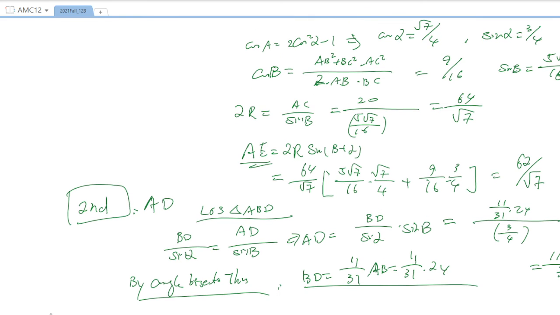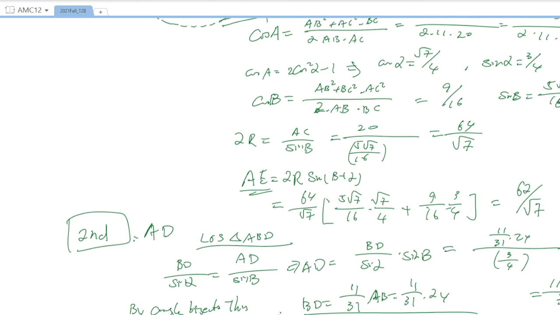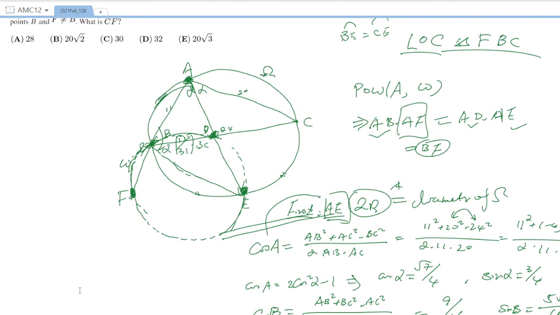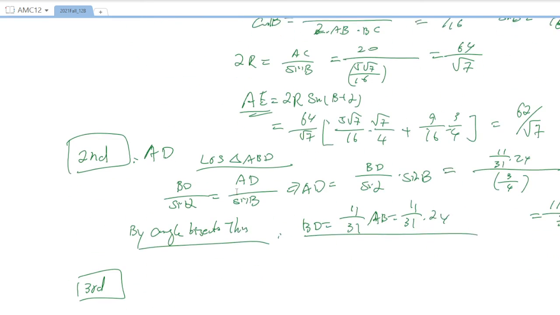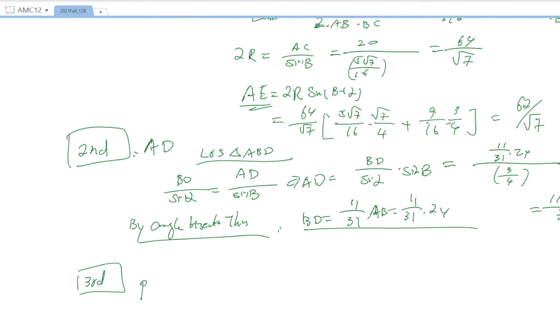Now what's the next step? We already analyzed this. Because we already have AD and AE, we can solve using the power of a point. We can solve AF, right? We have the power of point A with respect to the circle omega: AD times AE equals AB times AF.